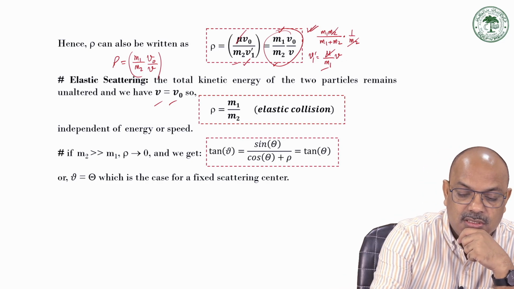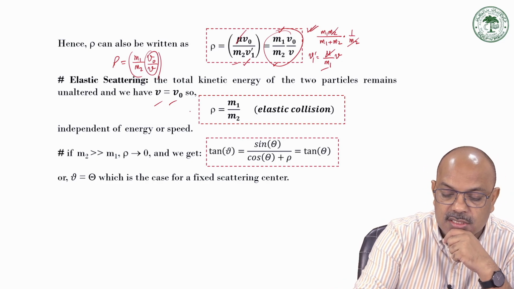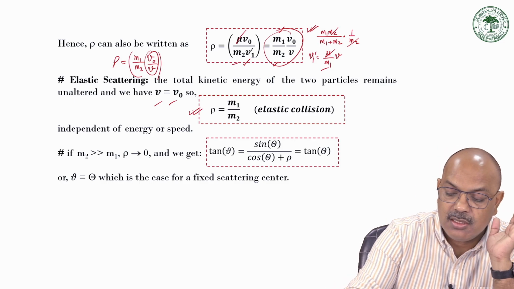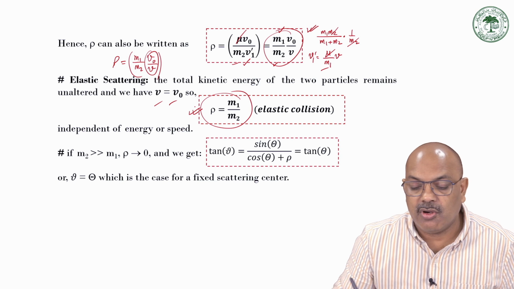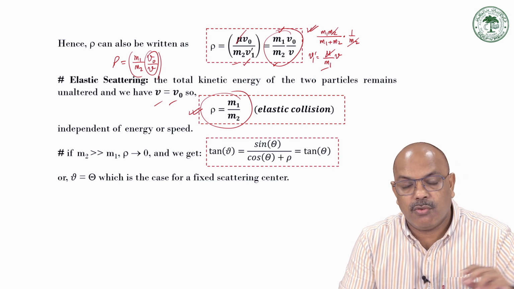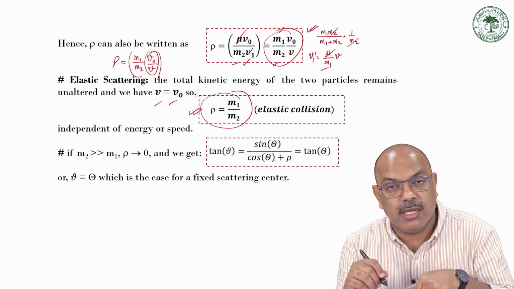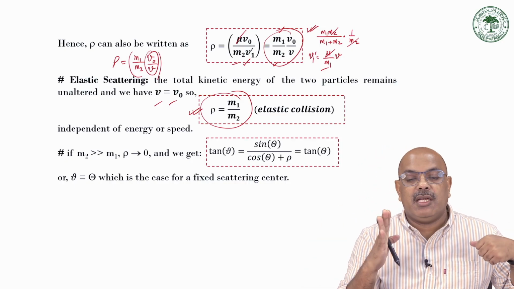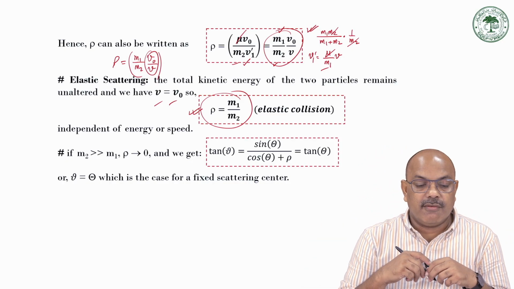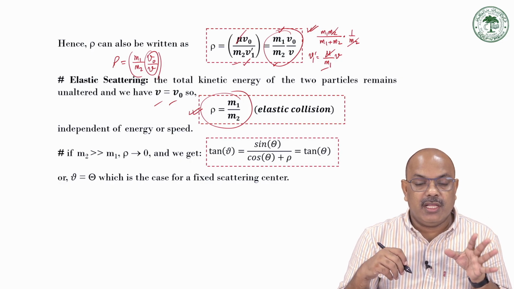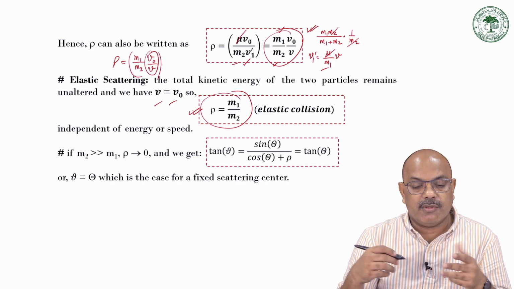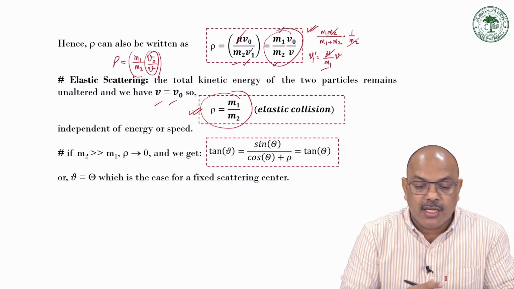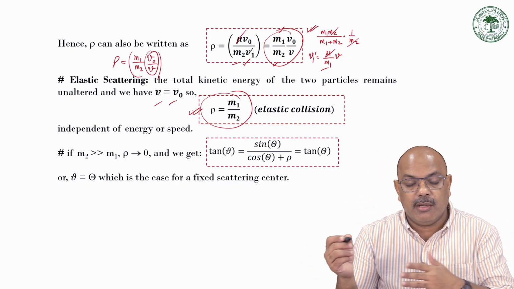So this is going to be 1, and rho is m1 by m2 for elastic collision. This is important. When the elastic collision is there, we get rho as m1 by m2, the mass of the projectile particle and the mass of the target particle. So this is independent of the energy or speed, depending only on the masses of the particles. We are going to use this to calculate different relations in terms of center of mass and laboratory coordinates.